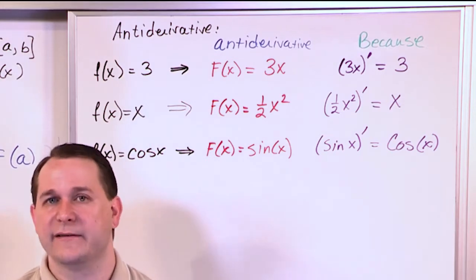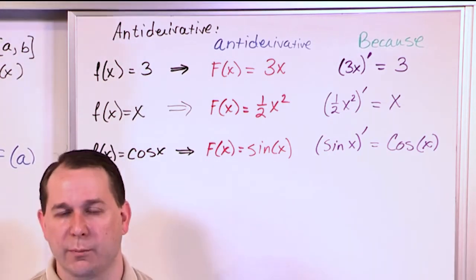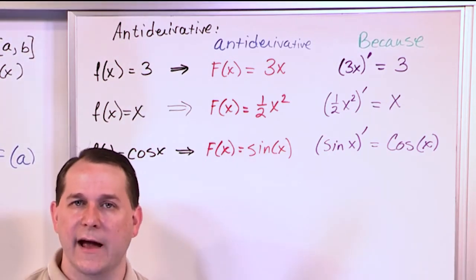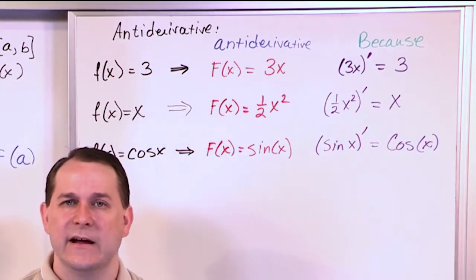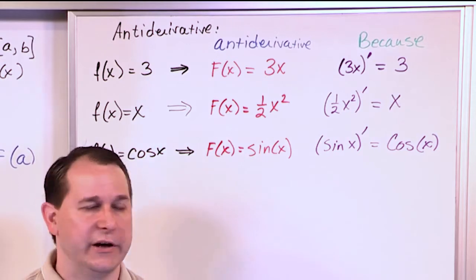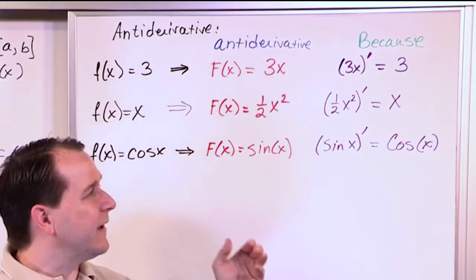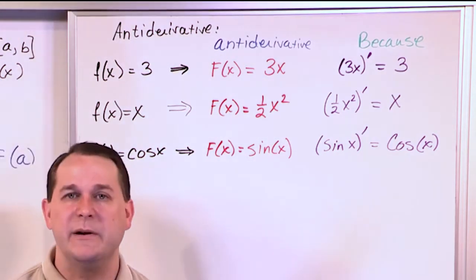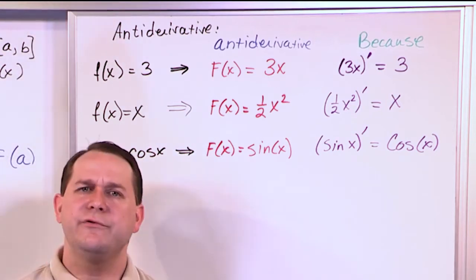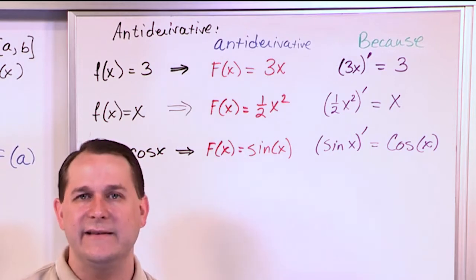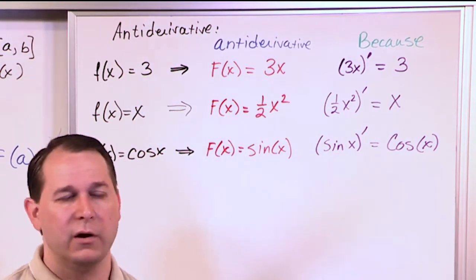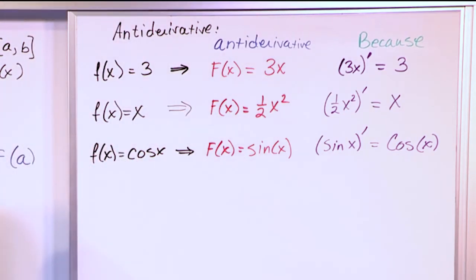In fact, I would say impossible for most students. I could easily give you a problem that you would not be able to just look at like that. So most of the rest of this course is going to be all about techniques, different techniques people have developed over the years to find these antiderivatives. Because these are super simple, but I'll give you some in a minute that won't be so simple. And then you'll just need to learn how to identify the problem type and figure out how to attack it to get the antiderivative, to get the integral that you're trying to get in the problem.